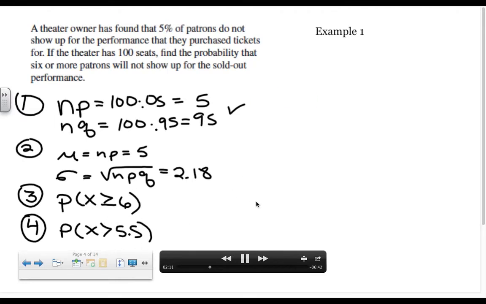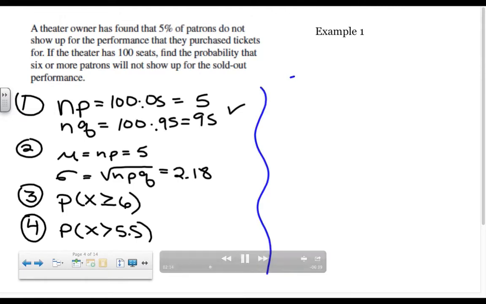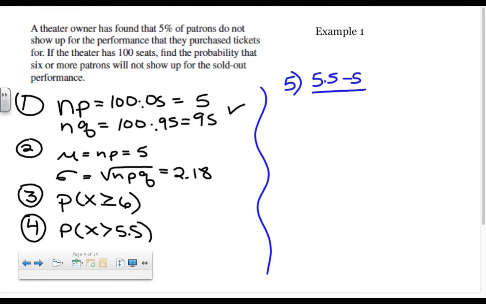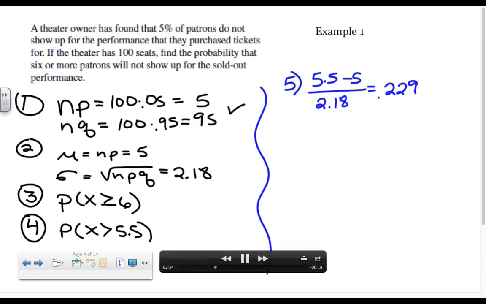Step 5. Okay. So now we're going to find the z-score. So we use 5.5, not 6, because we use the continuity factor. Okay. So 5.5 minus 5 divided by 2.18 gives us 0.229. All right, and now we have to look this up on a chart, and I had some problems with this, so let's do this first. We want to make sure we have the picture so we can see what we're looking for.